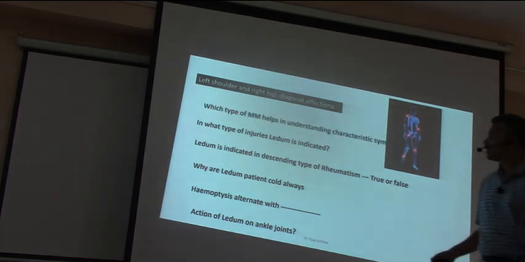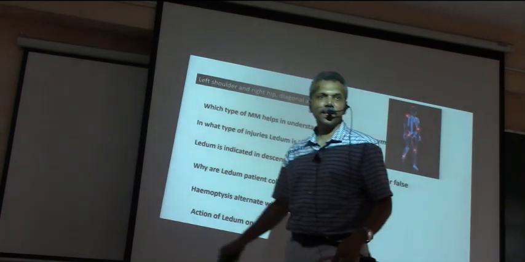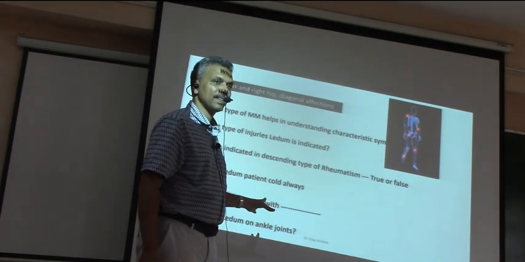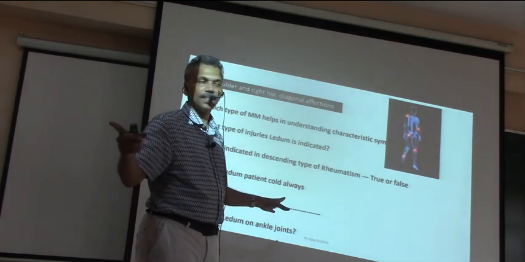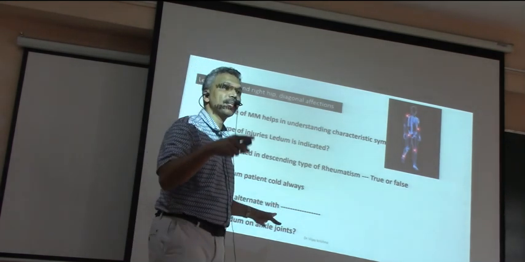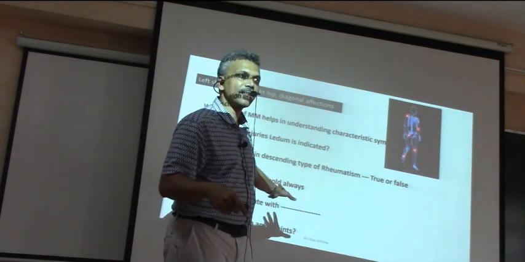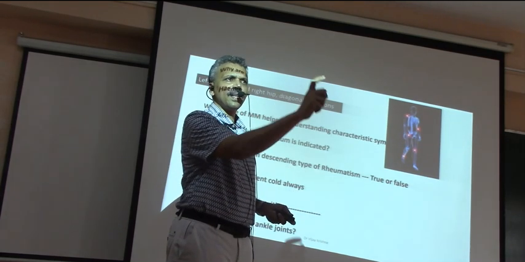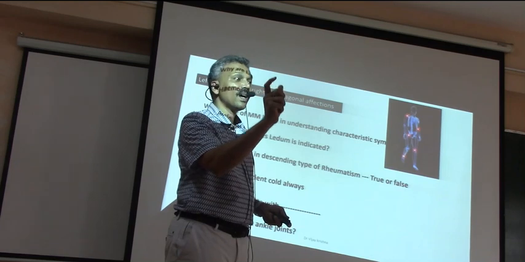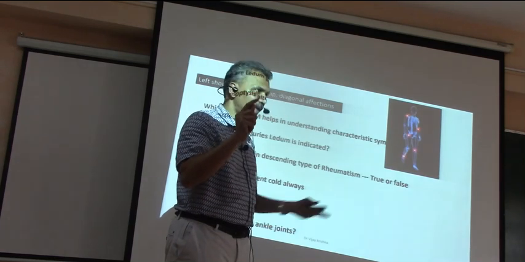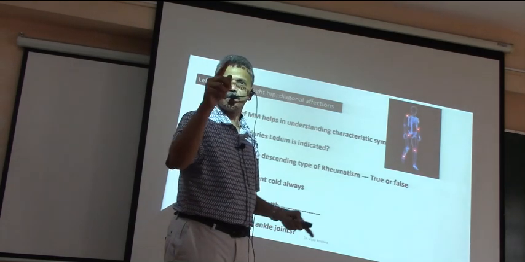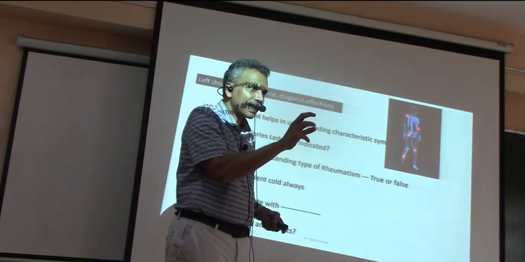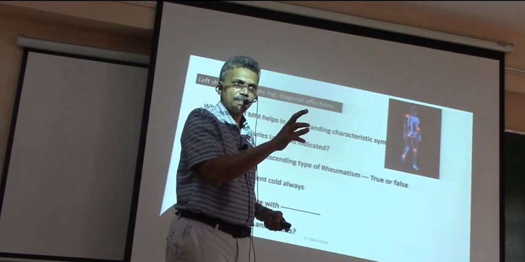Yeah, beautiful question. Which type of materia medica helps in understanding characteristic symptoms? Which type of materia medica will help us in understanding characteristic symptoms? I gave an example in the last class. What is it? Allen's Keynotes. Very good. It is called keynote materia medica, where only characteristic symptoms are given.